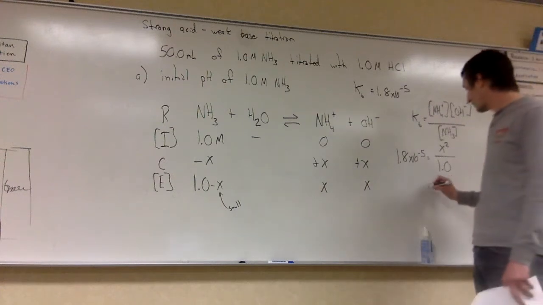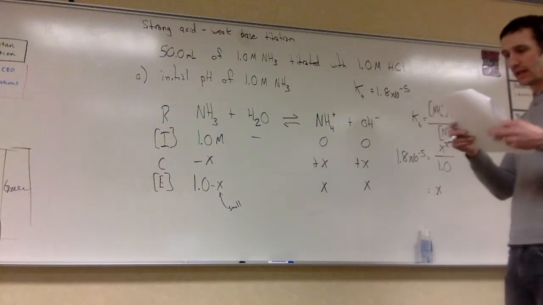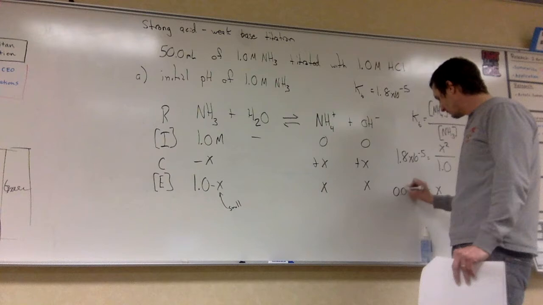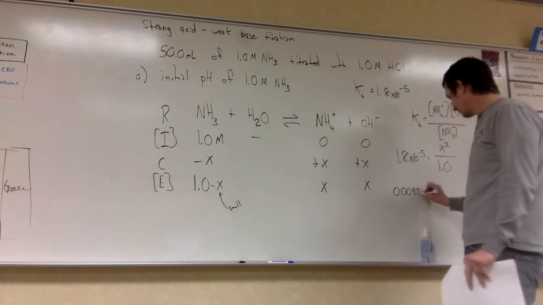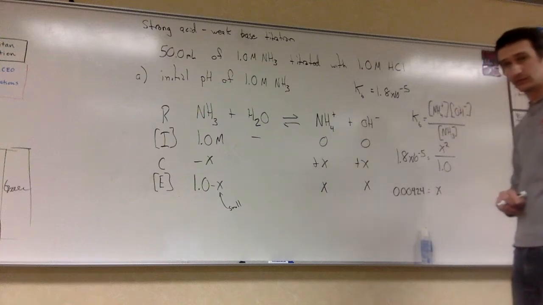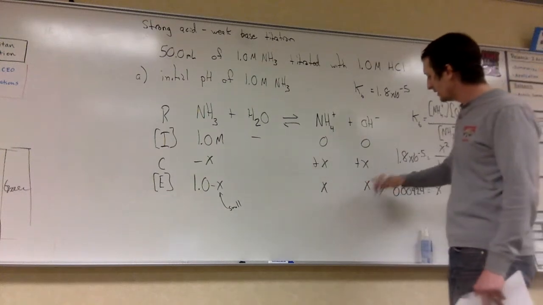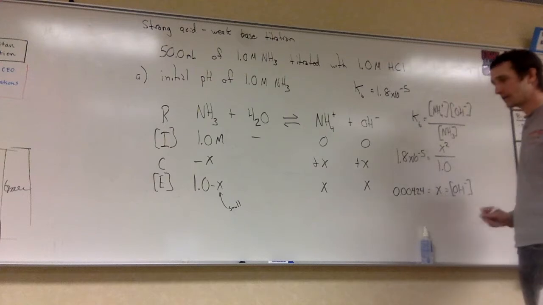If I solve for X, I get that X is equal to 0.00424. Consequently, that is the concentration of the hydroxide ion.